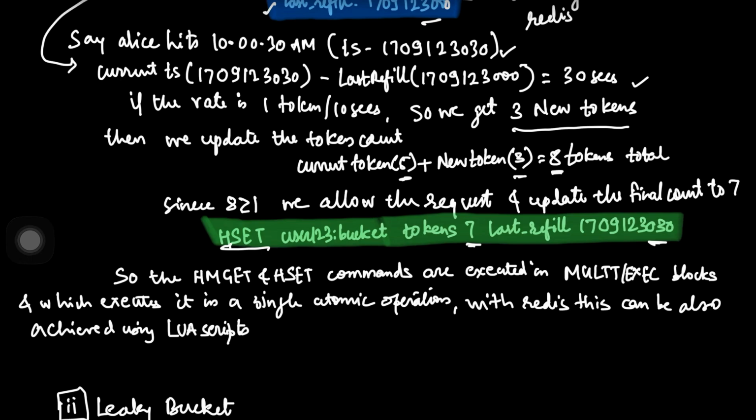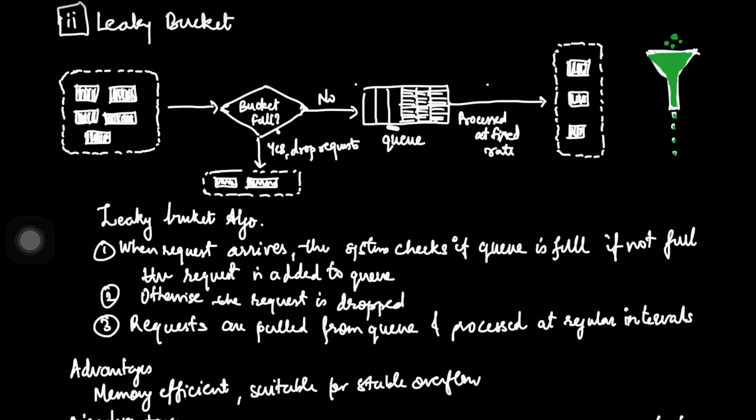Here we can enclose the hmget and hset commands in a multi exec block. Basically this will make the whole thing a single atomic operation, and there would be no synchronization issue or race condition. Otherwise, in Redis we also have Lua scripts which can do the same thing, and that is how we actually implement this particular algorithm.